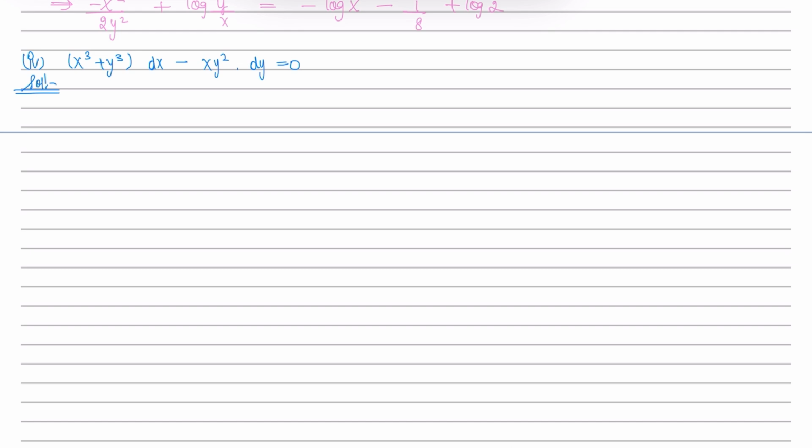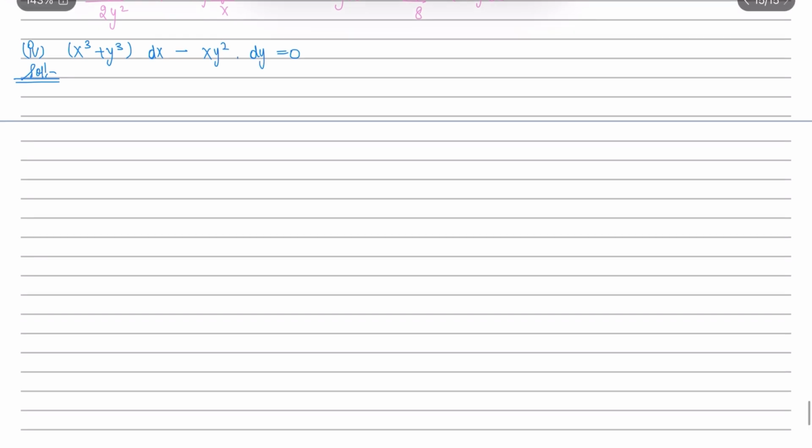and nor can it be converted into reducible to variable separable form, but when we write it in the form of dy by dx as x cube plus y cube divided by x into y square, which will be treated as f of x comma y, and this f of x comma y is clearly a homogeneous function.